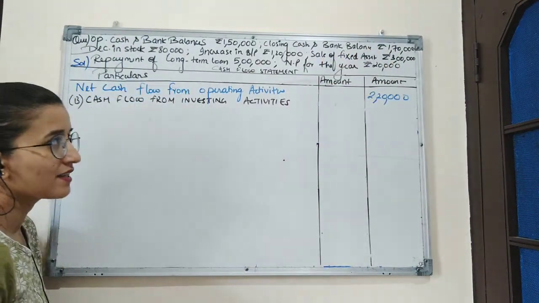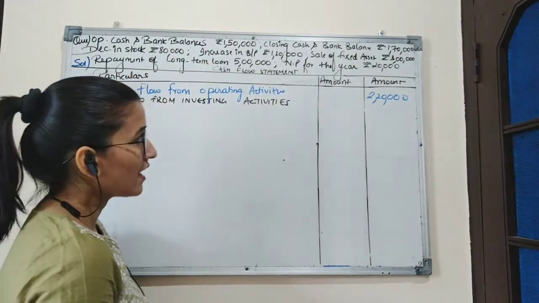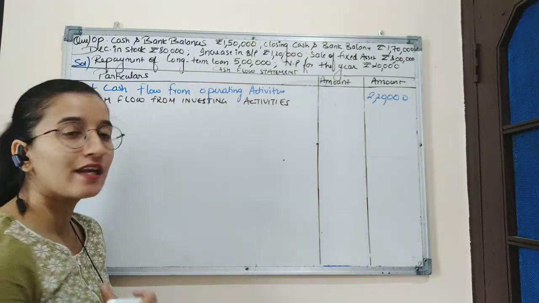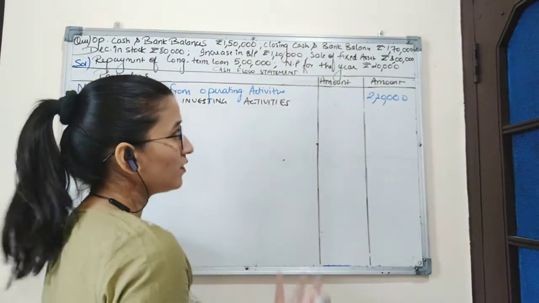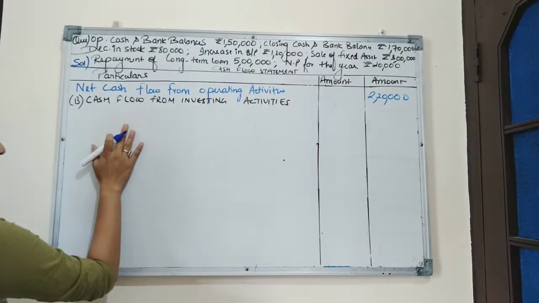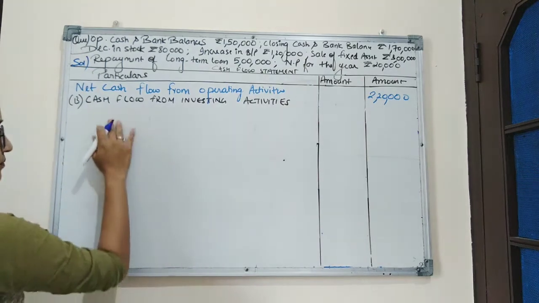Sale of fixed asset is considered as proceeds from sale of fixed asset. That means company is getting cash by selling its fixed assets. So getting of cash means inflow of cash. So we will add this amount in cash flow from investing activities.